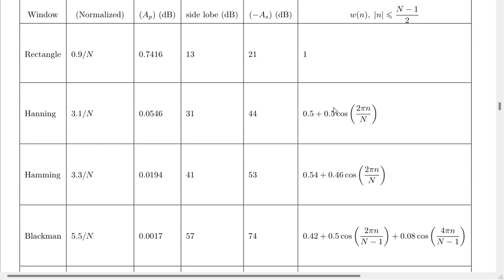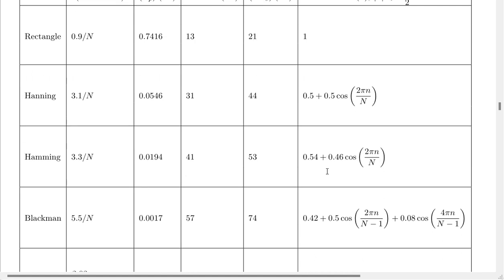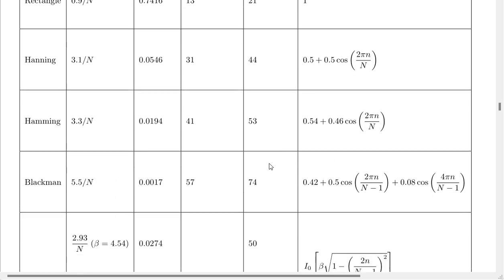0.5 plus 0.5 will be 1 for n being 0. And the same story here: 0.54 plus 0.46 will be 1 for n equal 0. And the same story for Blackman. Okay.